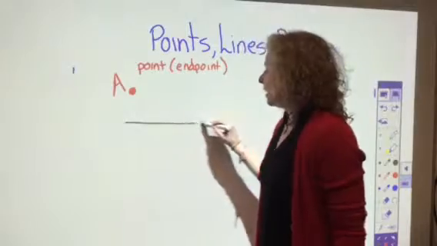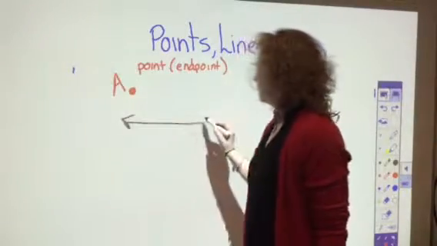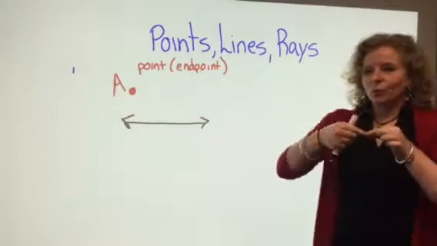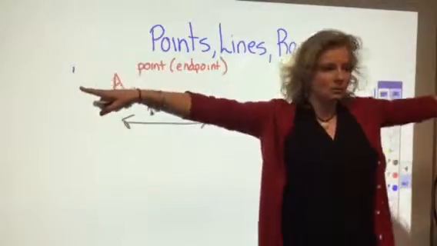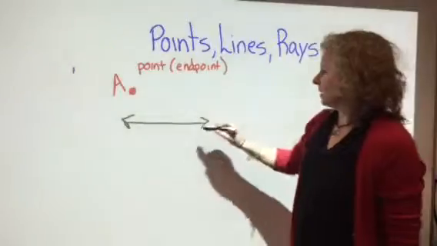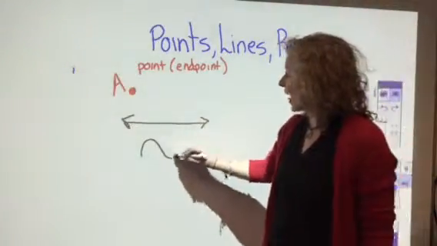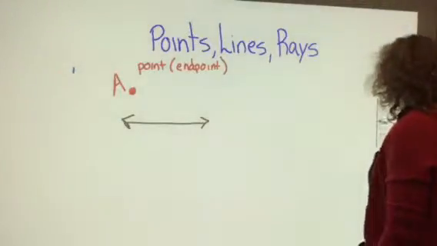Then we have lines. A line has an arrow in either direction. A line goes on and on forever. And it's not like this, okay? It's a nice straight line going on forever in either direction.